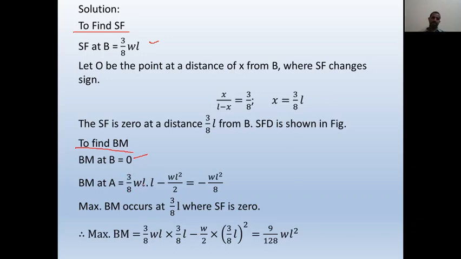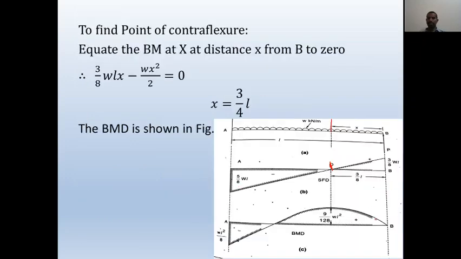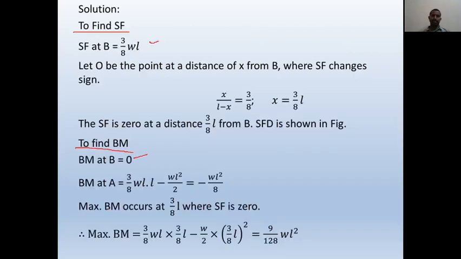It is 3 by 8 WL into L minus WL square by 2. This you can simplify, it will come to minus WL square by 8. So the minus sign indicates that at A the bending moment is negative in nature, and the maximum bending moment occurs at 3 by 8 L where shear force is 0.